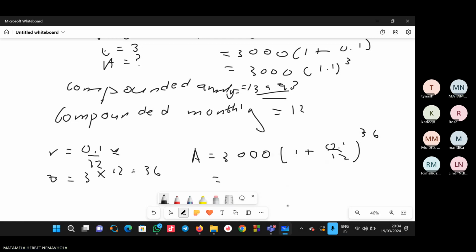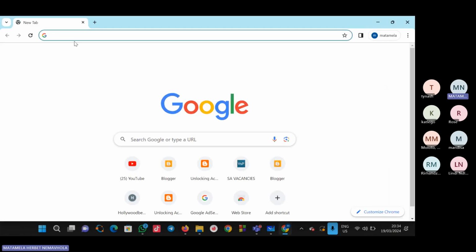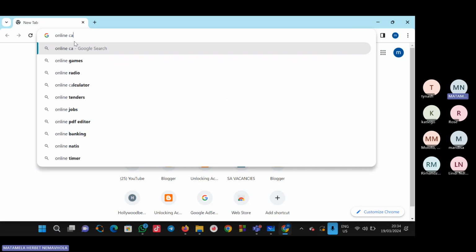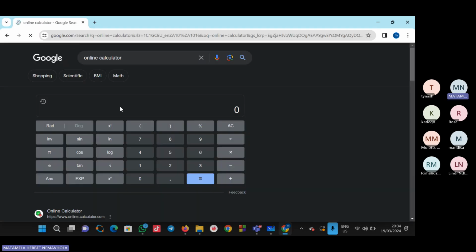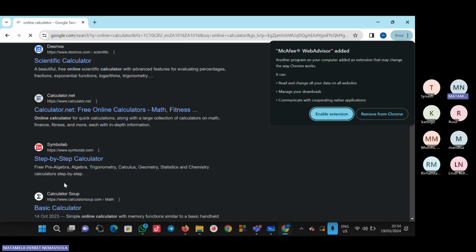Your calculator is going to work it out perfectly, but there are online calculators. So let me see if I can find an online calculator, so that you can see properly what we are doing. No, I don't want this one. There is this new one, step by step.